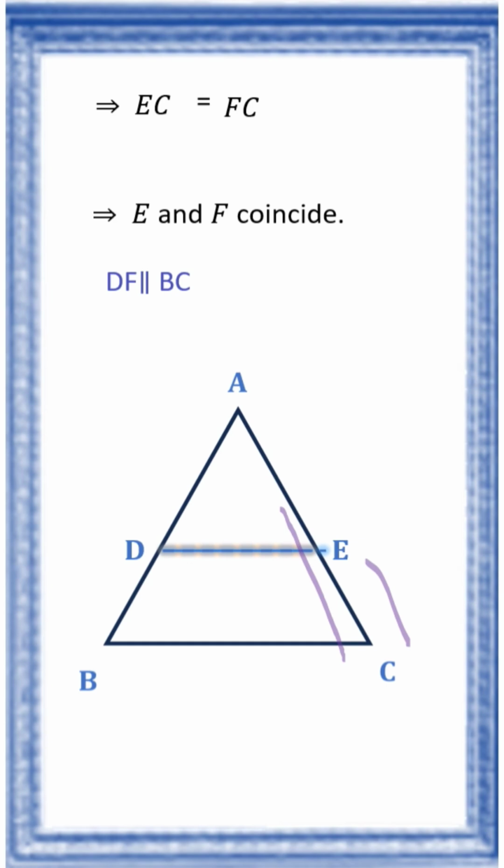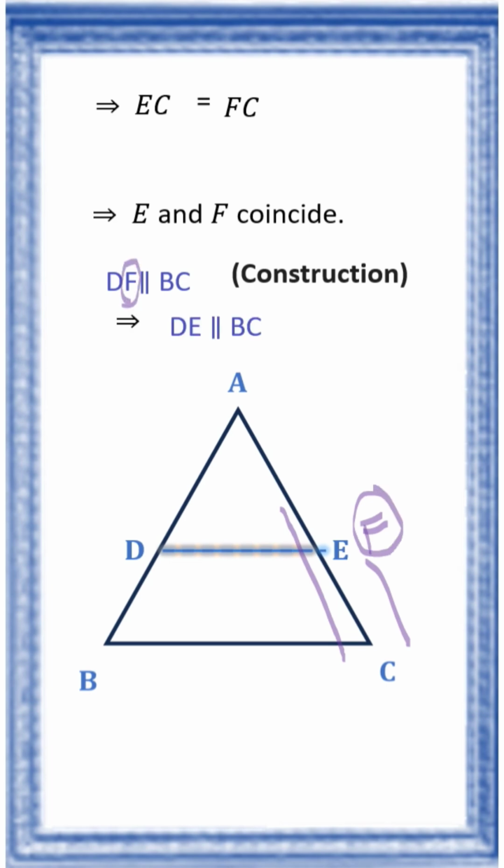Now we have constructed that DF is parallel to BC. Now DF is not there. This was DF. Because we have constructed it, instead of F we can write E. So DE is parallel to BC. This is what we needed to prove. Hence proved.